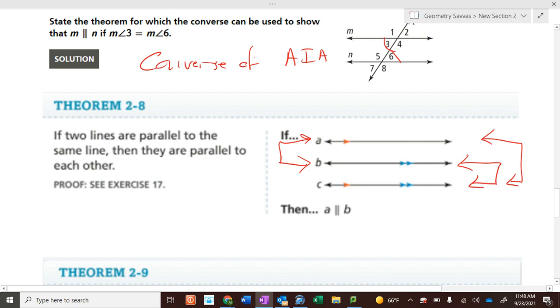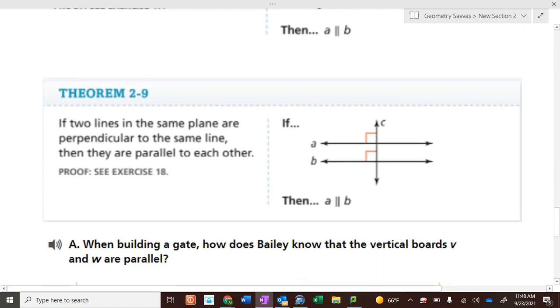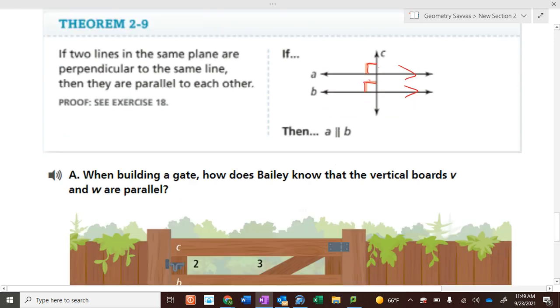If B is parallel to C and A is parallel to C, then A must be parallel to B. Similar to that, if A and C are perpendicular and B and C are perpendicular, that makes A and B parallel to each other. Okay? Because if they're both perpendicular to the same line, then they're parallel to each other.